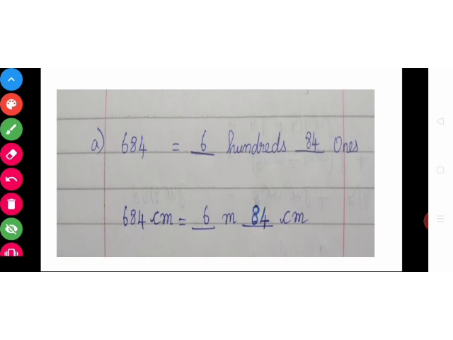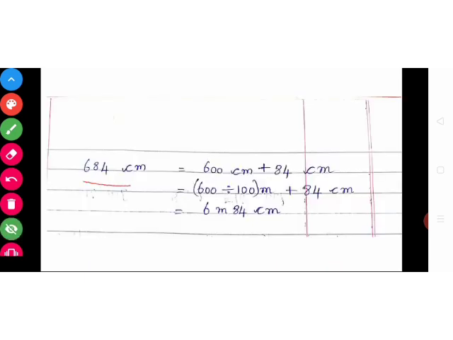And then look at the next one. 684 centimeter is given. So you want to convert into meter and centimeter. How to solve? Look at here. 684 centimeter you can split and write 600 centimeter plus 84 centimeter. This you want to convert into meter. So what do you want to do?